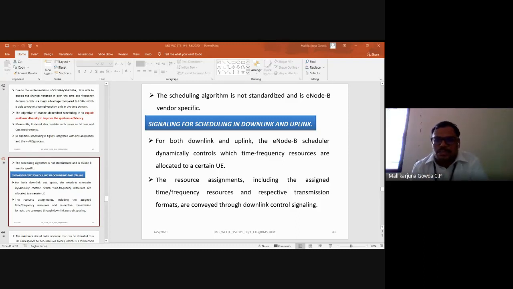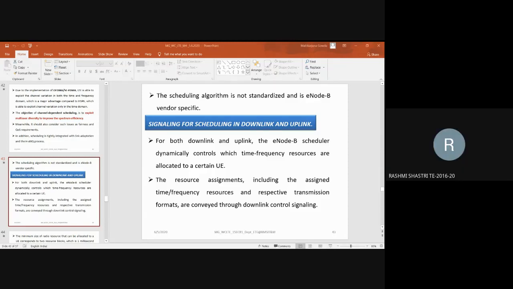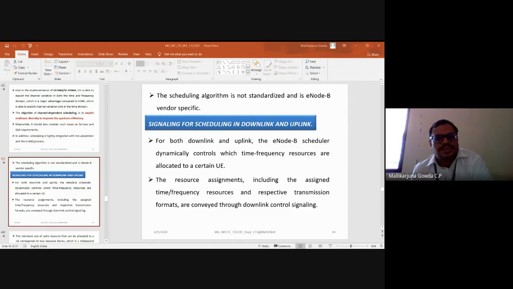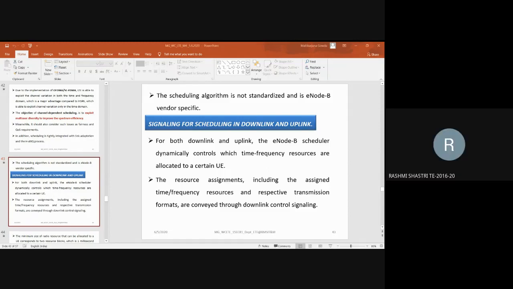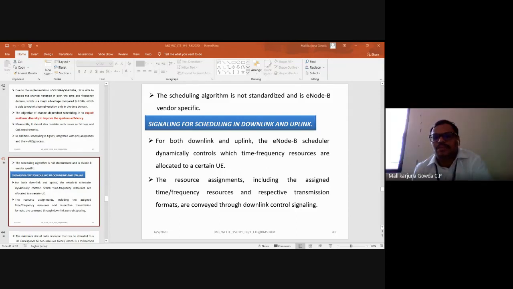Okay, I said that the purpose of scheduling and resource allocation is to efficiently allocate the available resources to the user equipments. Here, resources are what in communication? Resource is bandwidth, frequency, power.